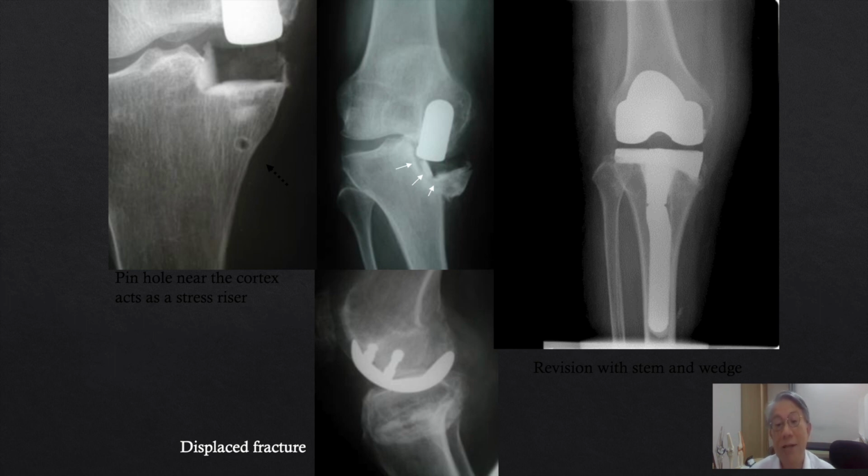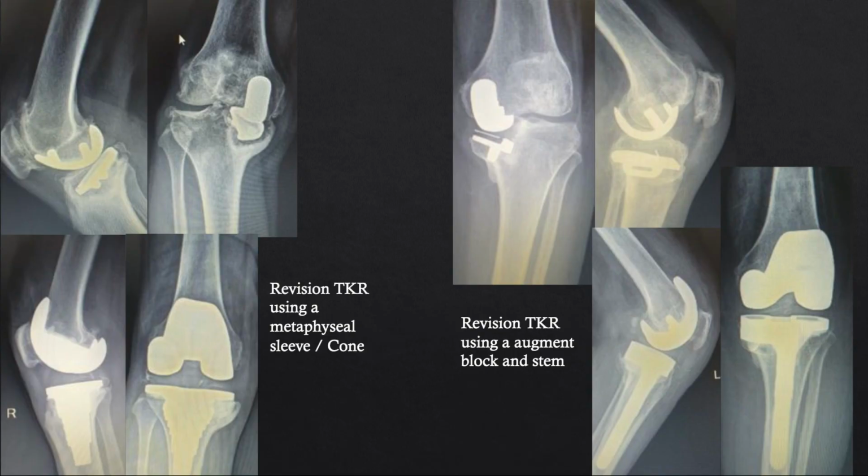And this type of case is sometimes very difficult to treat with buttress plating, and usually we would choose to revise to a total knee replacement, and we manage that vertical shear fracture often using an augment block, or we can choose to manage that using a cone system. Either way, you would get good tibia fixation.